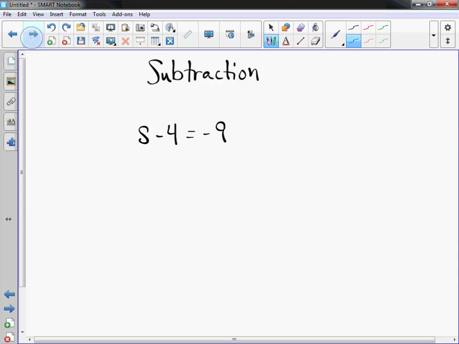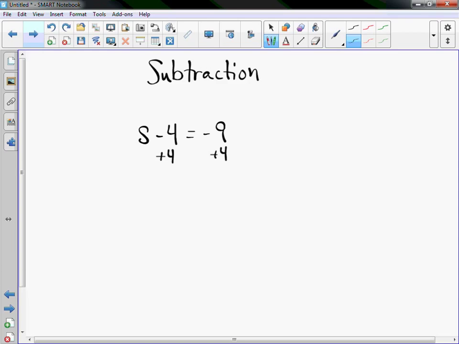Okay, let's move on to a subtraction one. So when we added to a variable, we subtracted to get rid of that number, to get the x by itself on the last problem. So now when we subtract 4 from s, we're probably wanting to add to both sides.